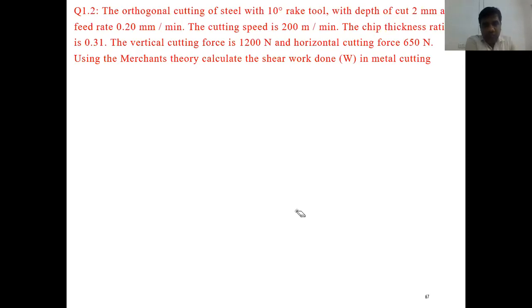The vertical cutting force is 1200 Newton, it's nothing but your cutting force FC, and the horizontal cutting force is 650 Newton. FC and FT. Using the Merchant theory, calculate the shear work done W in this metal cutting.